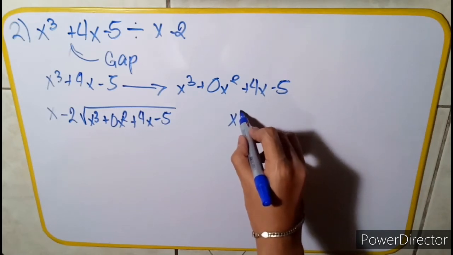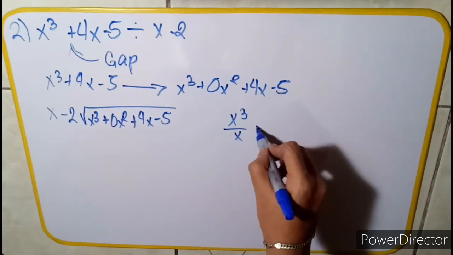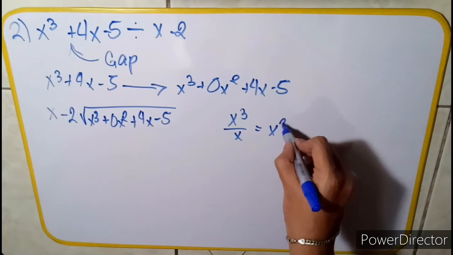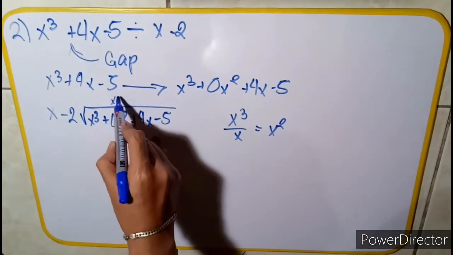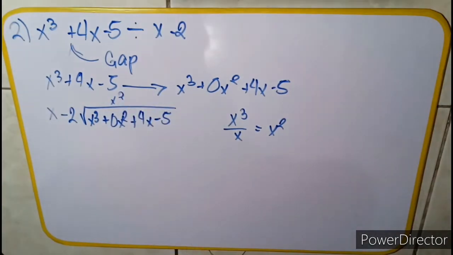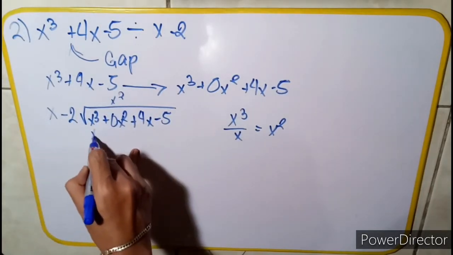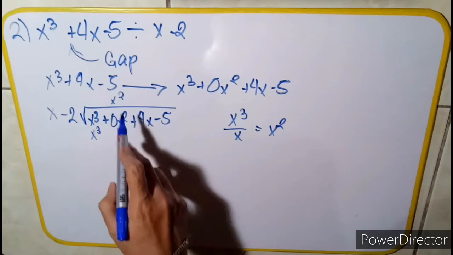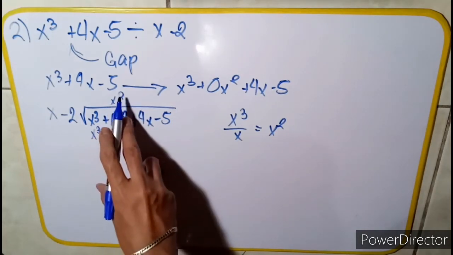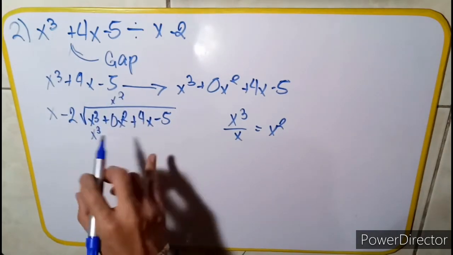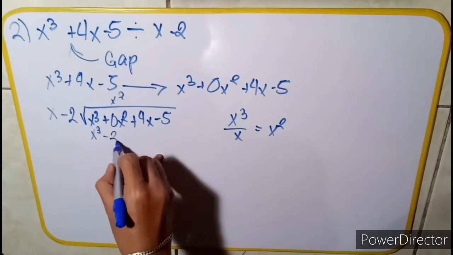Now, x cubed divided by x equals x squared. X squared times x is x cubed. X squared times negative 2 is negative 2x squared.